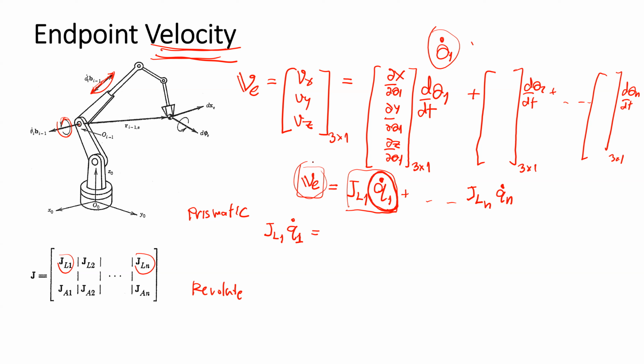So for any joint i, for a prismatic joint, the effect on the endpoint velocity comes from the offset, the time derivative of the offset of that joint, and the direction is described by the unit vector.